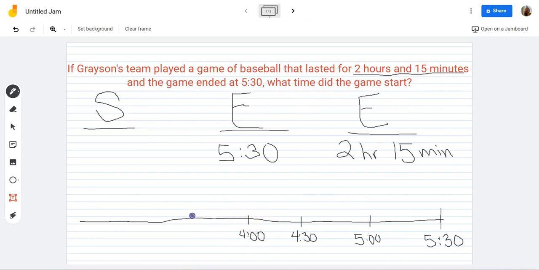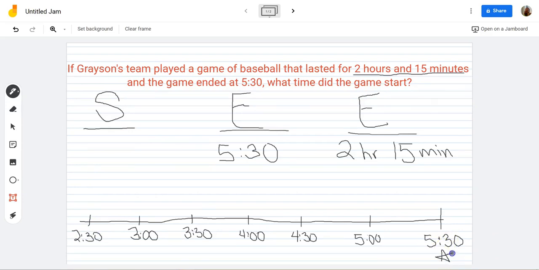Half an hour before that would be 3:30. Half an hour before that would be 3 o'clock. And let's go one more half hour. Just give myself plenty of room on my number line to 2:30.